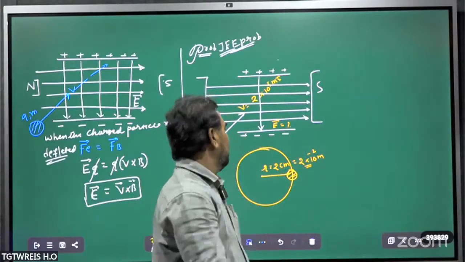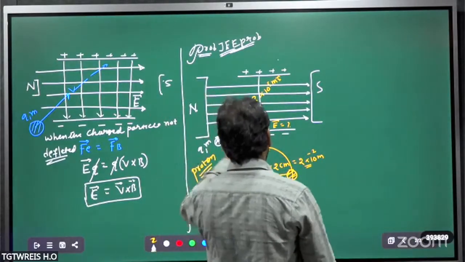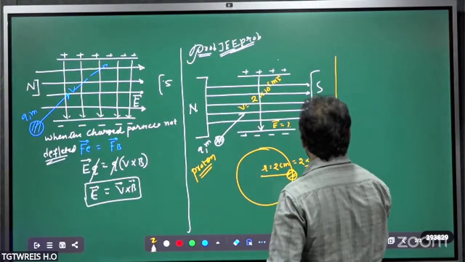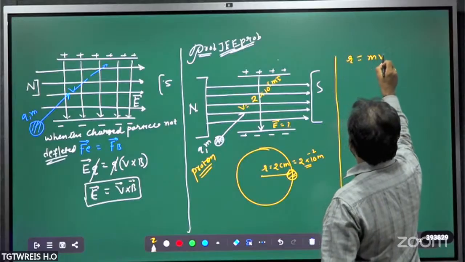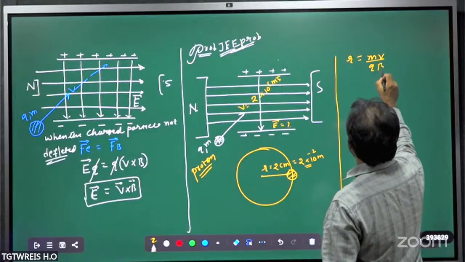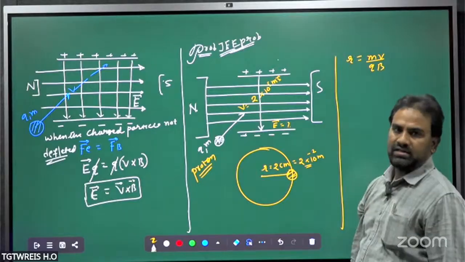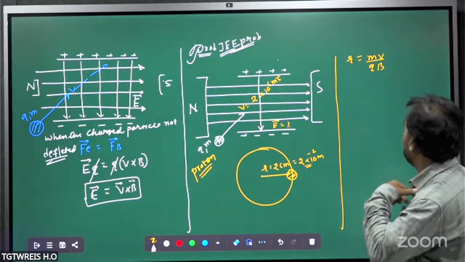Okay, we already know that when a particle enters a circular path of radius r, r is equal to mv upon qB. Is it clear? The radius of the path is r equal to mv upon qB.